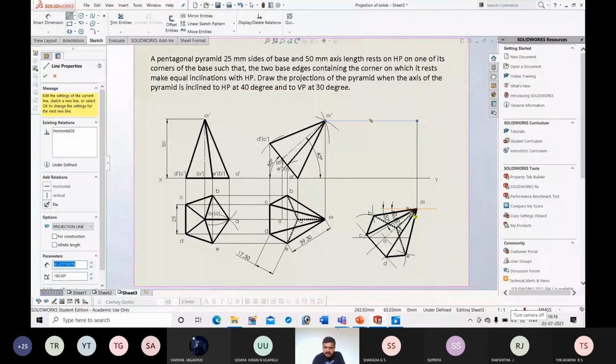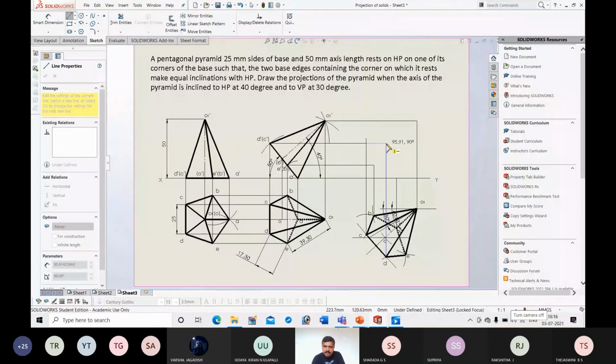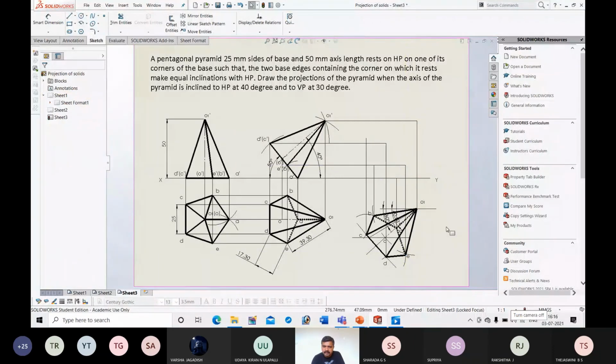Next A here, next B, here also B, next C, here also C, next D, next E. Okay, so after projecting the points, next I will project the center, that is O, center of base.